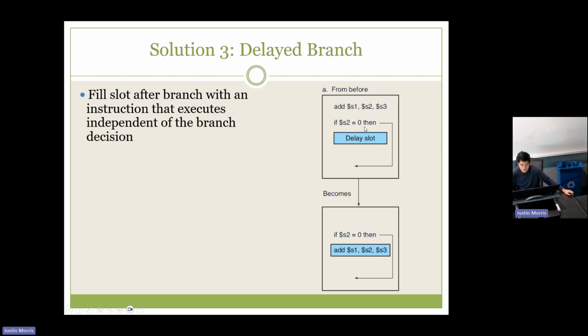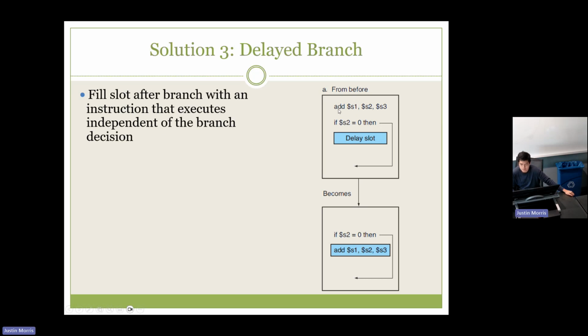Okay, so here's how it would look in terms of code. So this would be before, right? We have this instruction that doesn't depend on the branch, and the branch also doesn't depend on it, right? They are both reading from S2, but this add is not writing to S2, which is a key part.